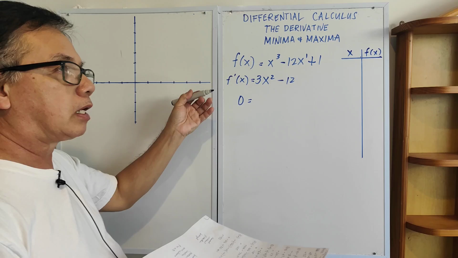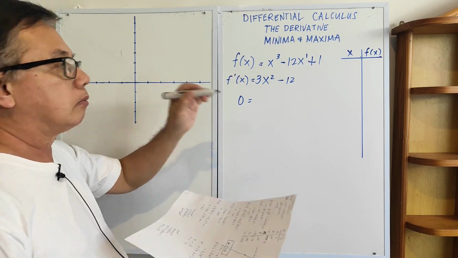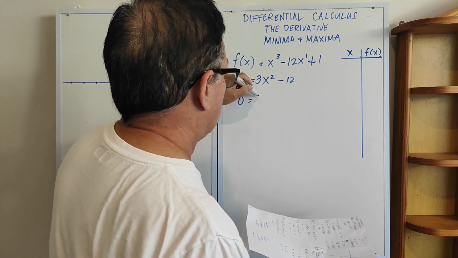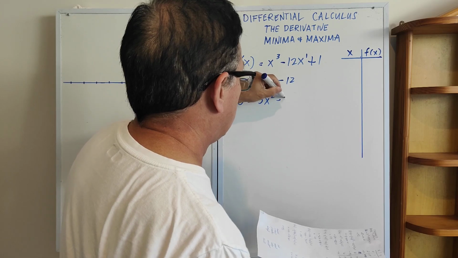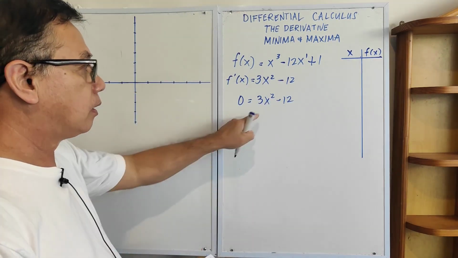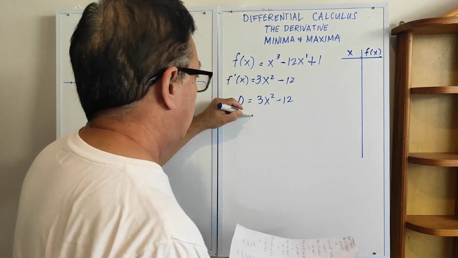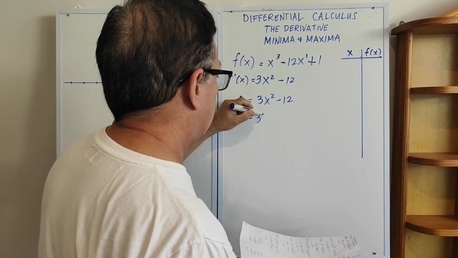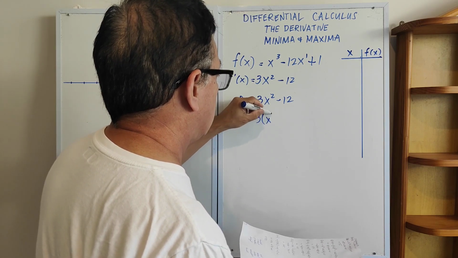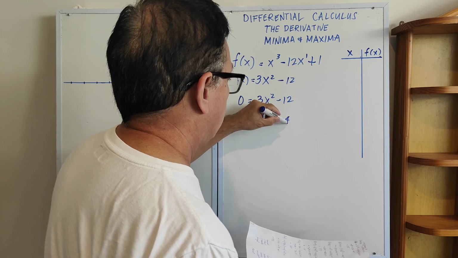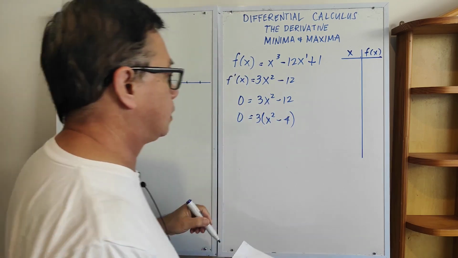Whatever x we find, that x will have a slope of 0. So 3x squared minus 12. Now we can factor out 3, so you have x squared minus 4 is equal to 0.